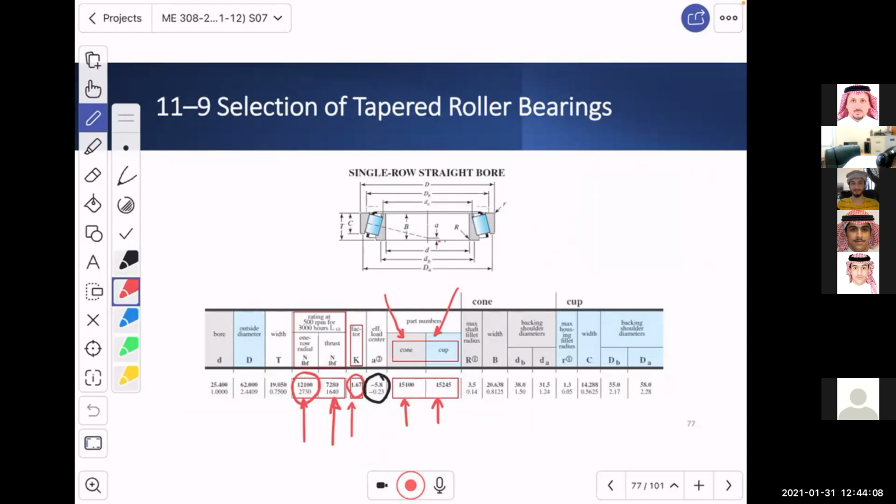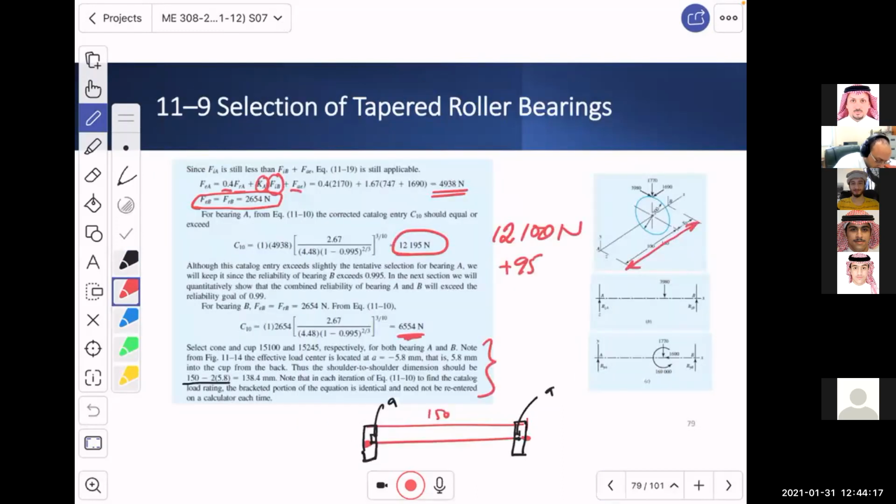Because it goes inside the bearing. And this is just to teach you that the effective length is not exactly 150. It is 150 minus 5.8 from the left bearing minus 5.8 from the right bearing, and it is exactly 138.4 millimeter. Understood, ya shabab?